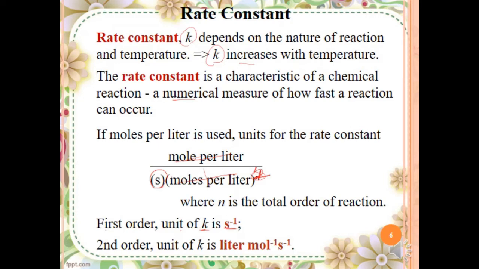So the k value would be per liter per mole per second, or we can just write per molar per second. You can understand this better when we look at the following example.